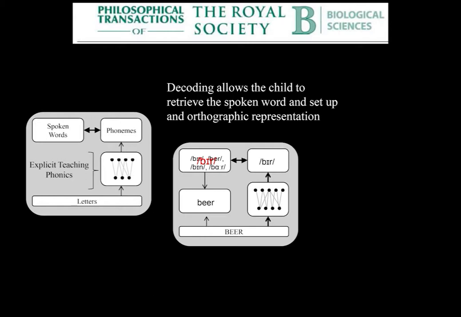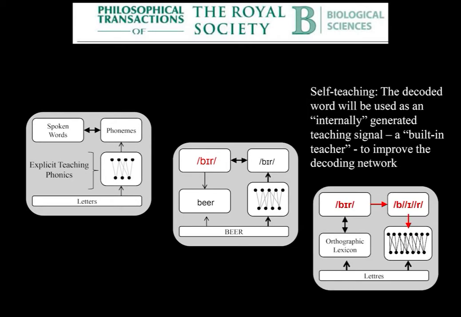And now is where self-teaching comes in, very importantly. Now, the phonology that is internally generated will be used as an internally generated built-in teaching signal to improve the decoding network. This is what I called anarchy.